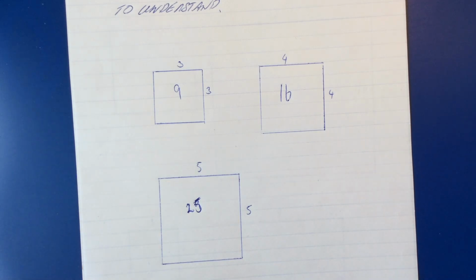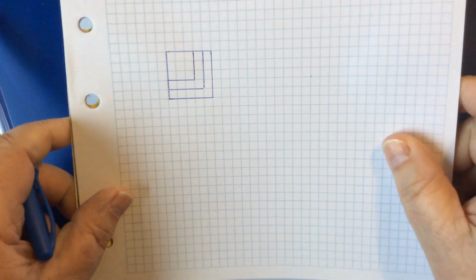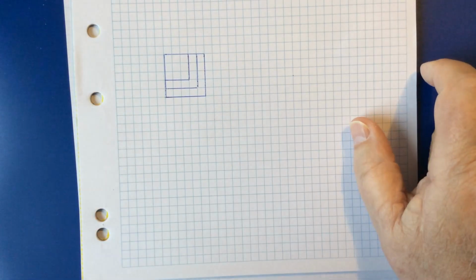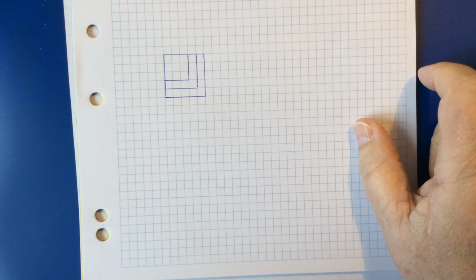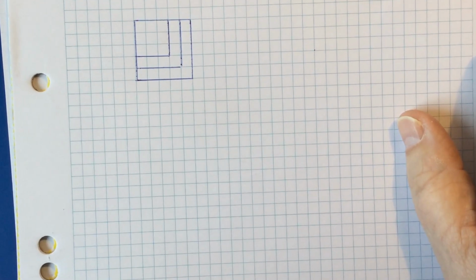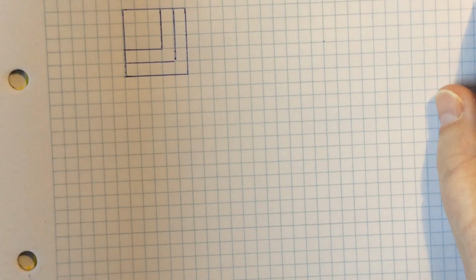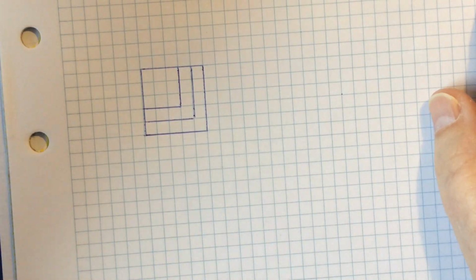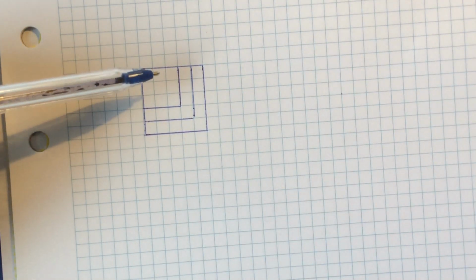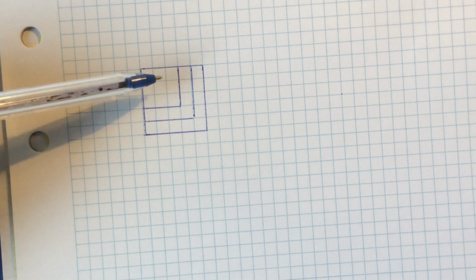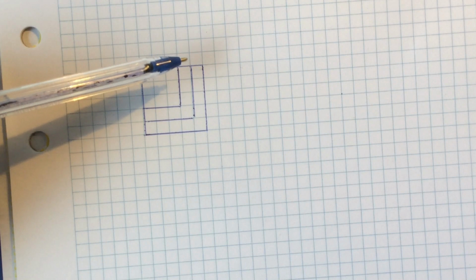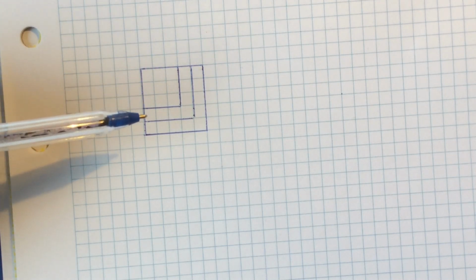So what I've got here is, and I'll just try and zoom in on this a little bit. Here we go. I've got some graph paper, some quad paper, and here I've got a 3 by 3 square, and it encloses 9 smaller squares. Here's a 4 by 4, 1, 2, 3, 4, 1, 2, 3, 4.